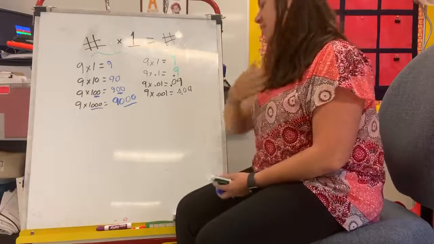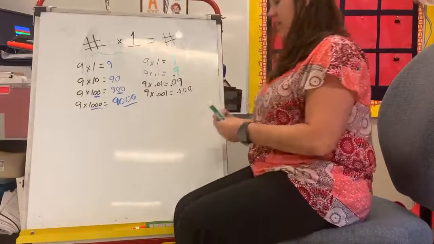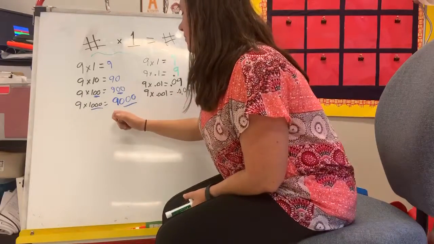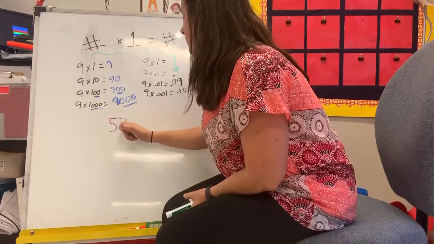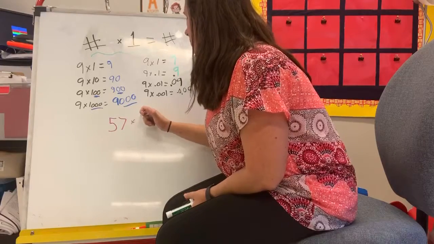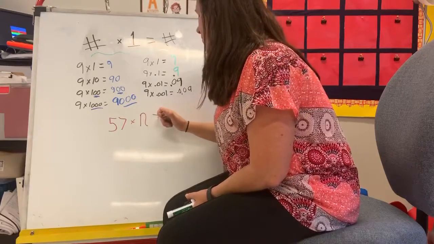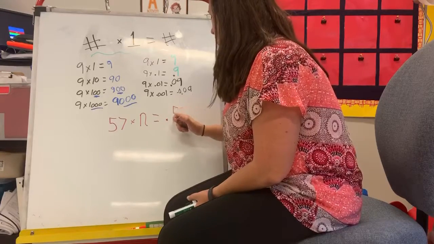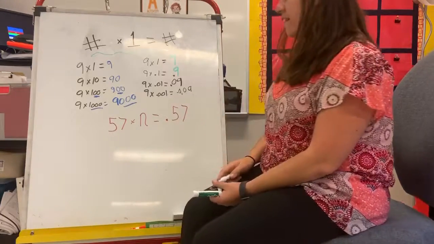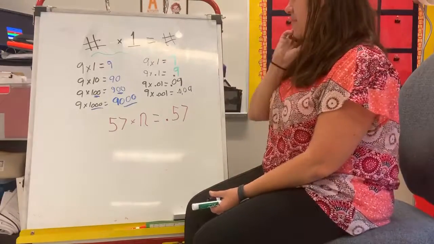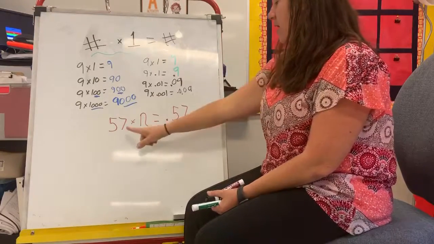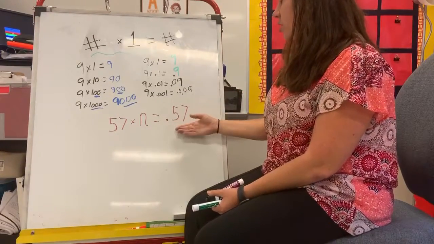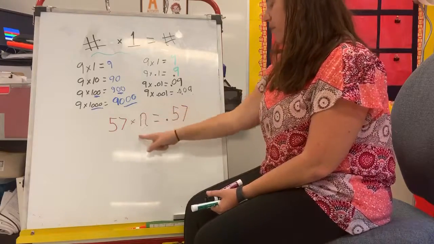For homework practice today, the kids have some questions that look like this. 57 times some number represented by n equals, and then they'll have another number here. Well, if I think about my pattern that I've written up here, I can look closely to see what number would fit into n.